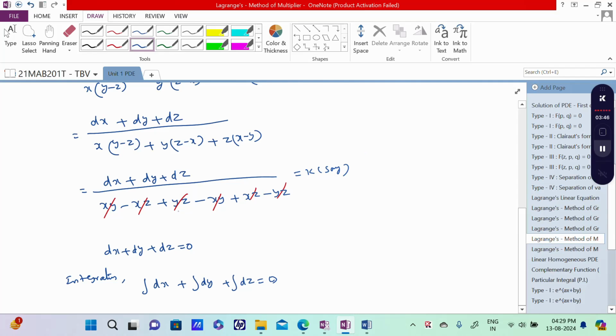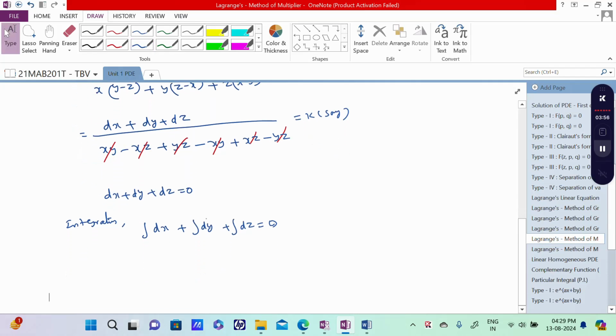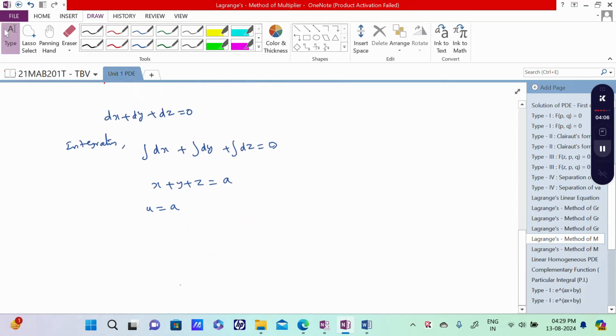Therefore k into 0 is the whole term 0. This is the reason I take dx + dy + dz = 0. Then direct integration gives x + y + z, with one constant: u = a, so u = x + y + z. This is one solution of the differential equation.